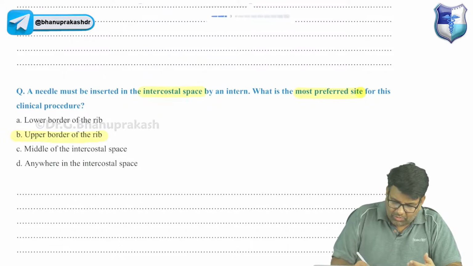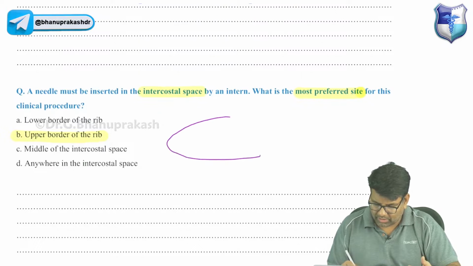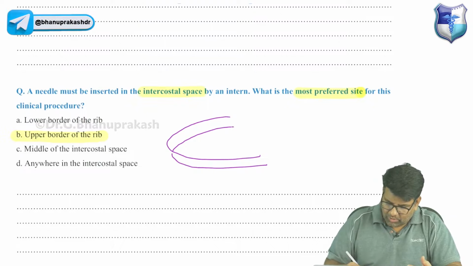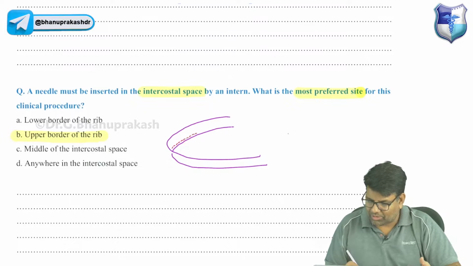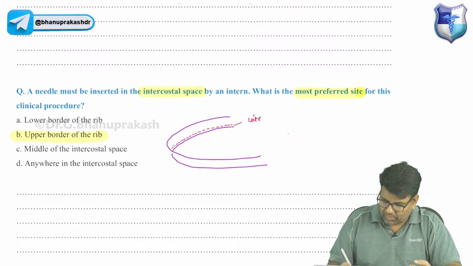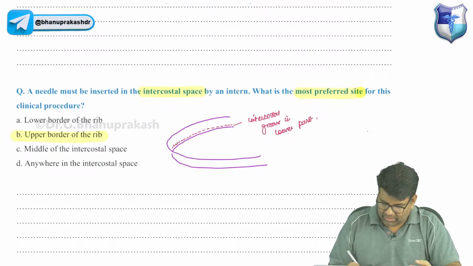For this, you need to know the anatomy of the rib. Now, in the lower part, there is one intercostal groove. So there is intercostal groove in lower part, and through this intercostal groove, the neurovascular bundle is passing.